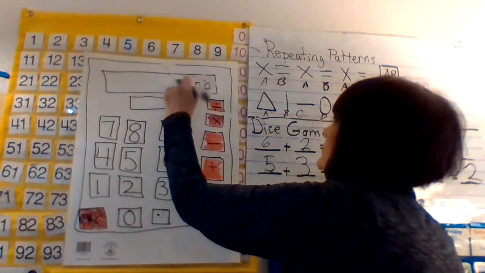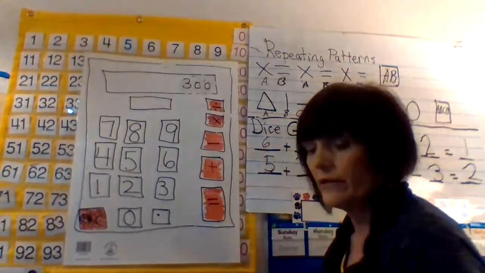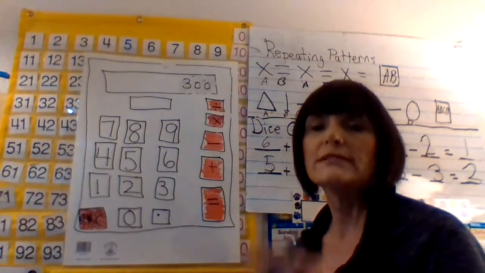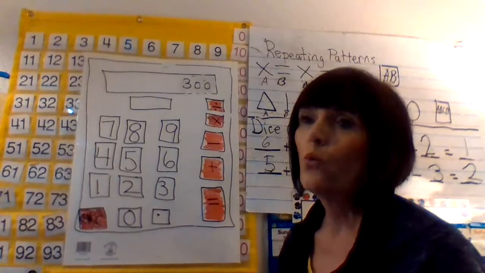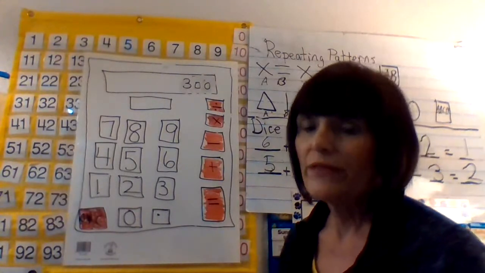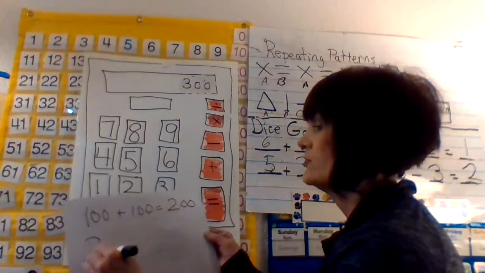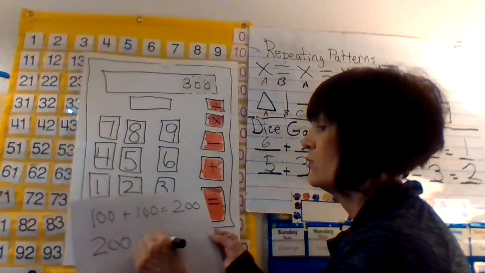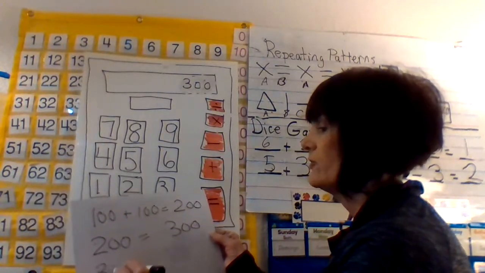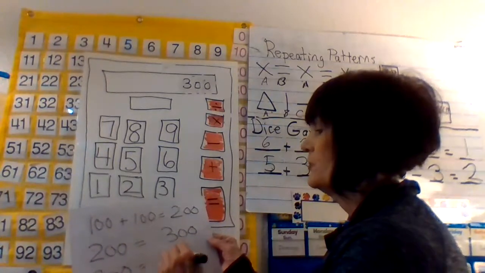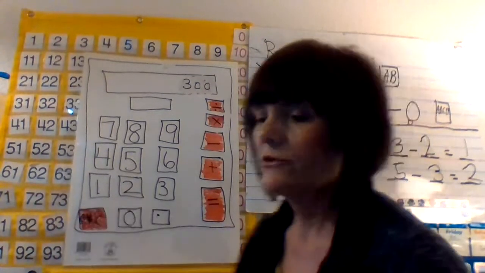If I push equal again, it will go to 400. And then 500, 600, 700, 800, 900, 1,000, 1,100. So if you had 200 and you pushed equal, you would have 300. If you had 300 and you pushed equal, you would have 400.